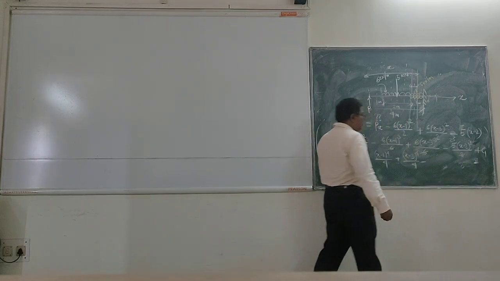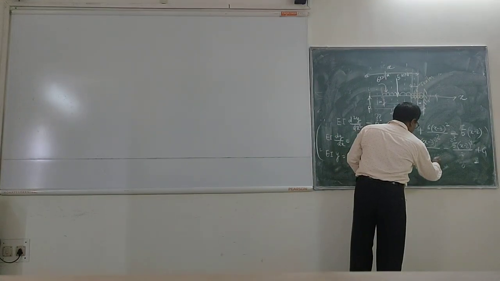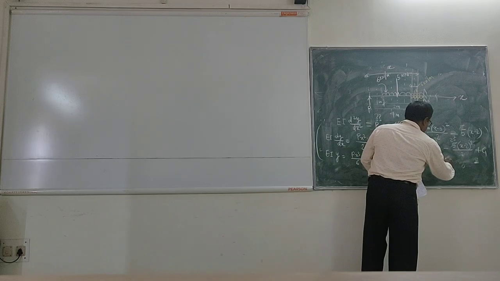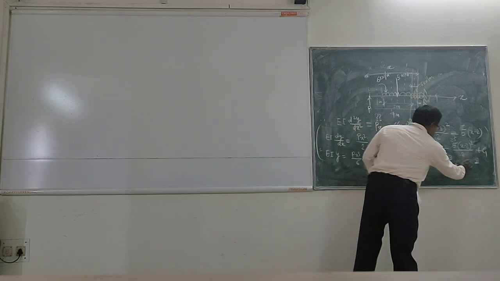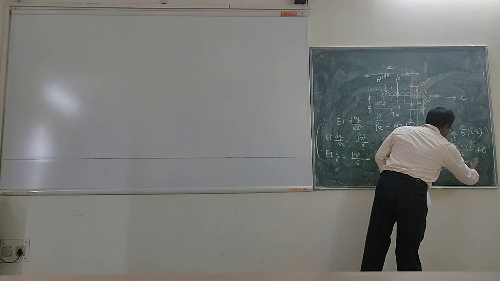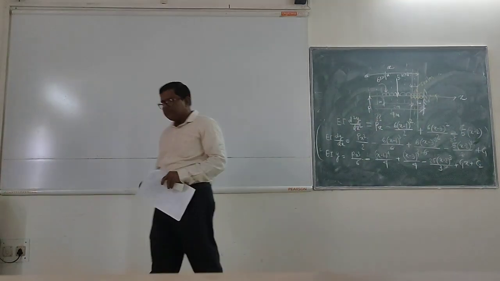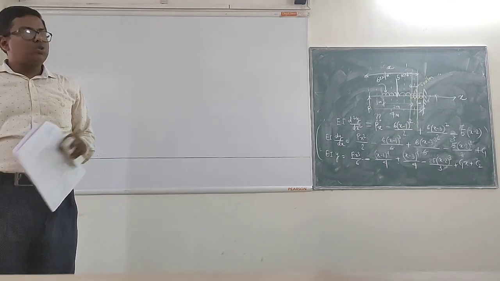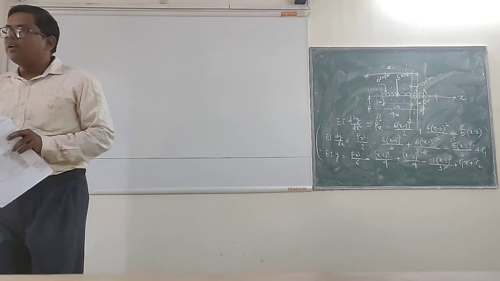Minus 2.5 (x minus 2) whole cube by 3, plus C1 x plus C2. Is it clear? Have you understood? So the double integration method, two integrations you have done. Now what is the next step?